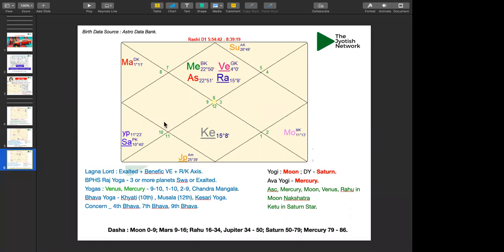Step 1, look at the Lagna Lord. Step 2, identify as many yogas as you can. See which are the planets which are participating in yogas. The more the yogas that a planet participates in, the better the results it will give in its period. And then, of course, you can add on top the layering of the yogi and the duplicate yogis, and then the dasha sequence.